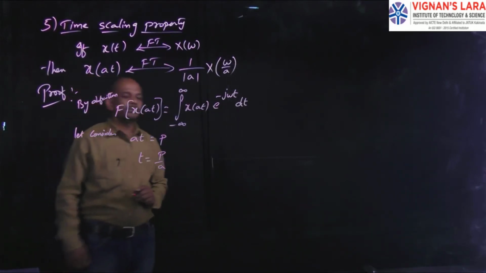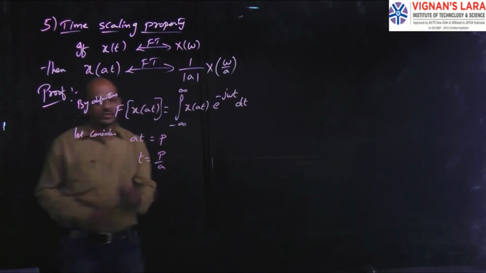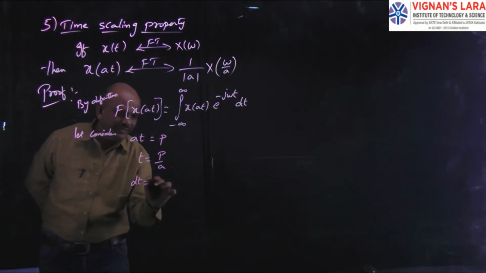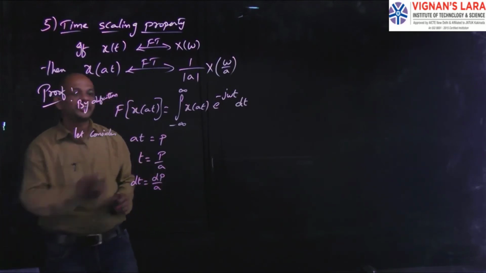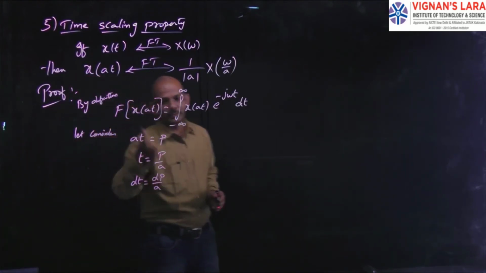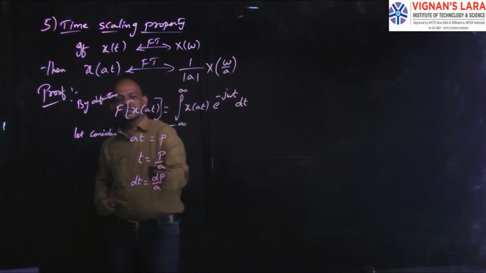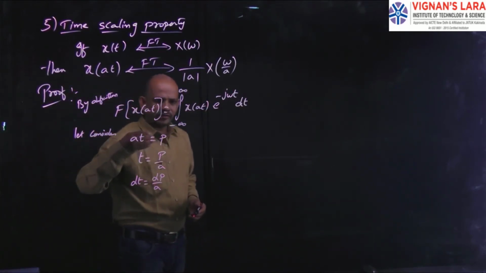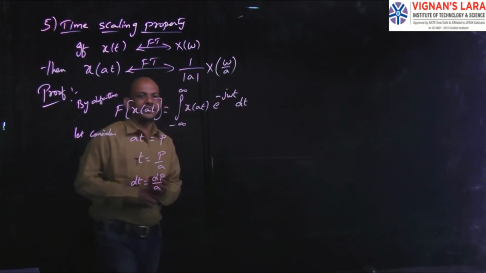Now what is the value of dt? dp is a constant, so dt equals 1 by a into dp, or simply dt equals dp by a, because a is a constant. So now I will use all this in our standard definition.